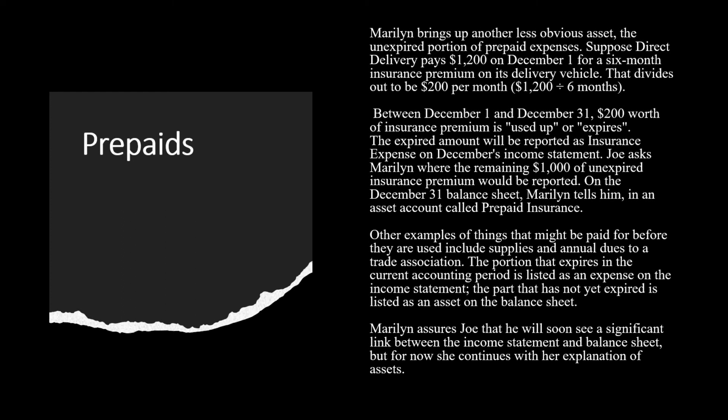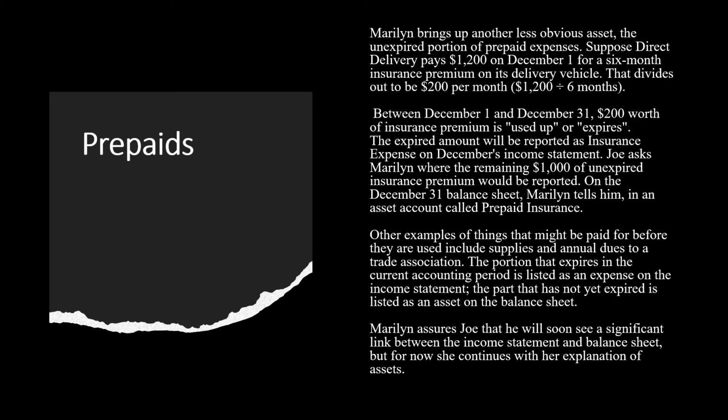Between December 1st and December 31st, $200 worth of insurance premium is used up or expires. The expired amount will be reported as an insurance expense on December's income statement. Joe asks Marilyn where the remaining $1,000 of unexpired insurance premium would be reported. On the December 31st balance sheet, Marilyn tells him, in an asset account called prepaid insurance.